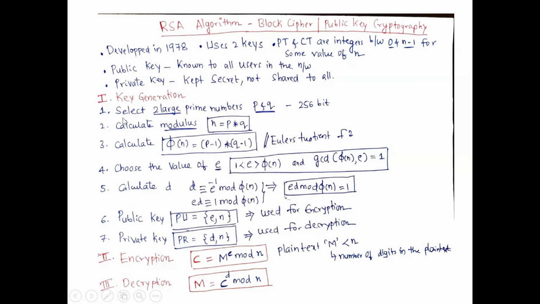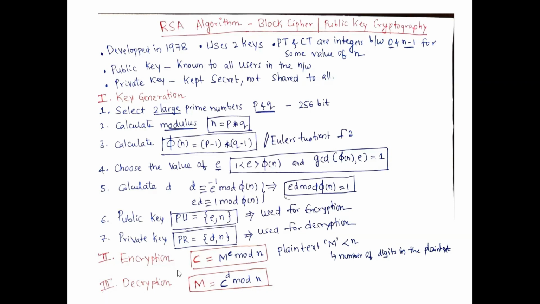Okay, so how do you choose E? The condition is GCD of phi of n comma E should be equal to 1. How do you calculate D? The formula is E into D mod phi of n is equal to 1. Once you have the public key and private key with you, next you need to encrypt the message. Message is M. So here the input to the encryption algorithm is message M and key.